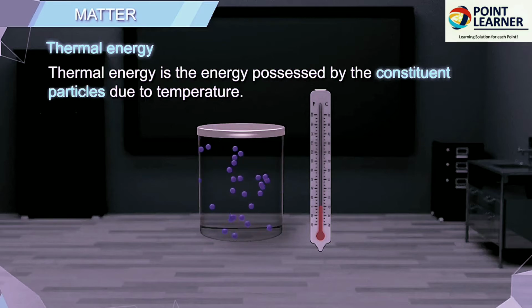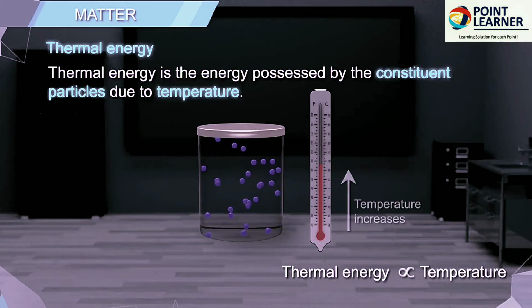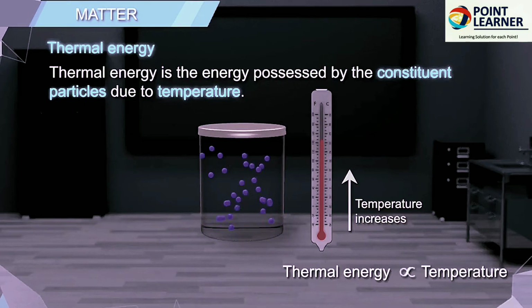Thermal energy is the energy possessed by the constituent particles due to temperature. This thermal energy makes the constituent particles move freely, and it is directly proportional to temperature. Due to this, as temperature increases, thermal energy also increases.